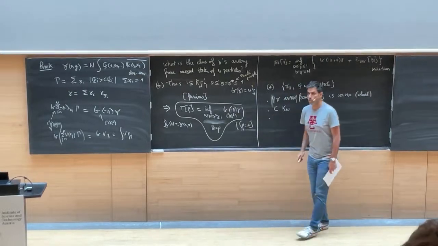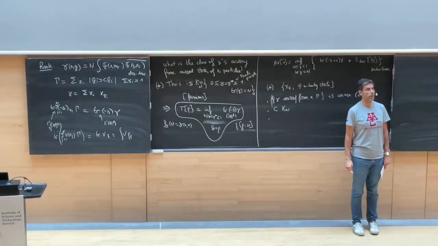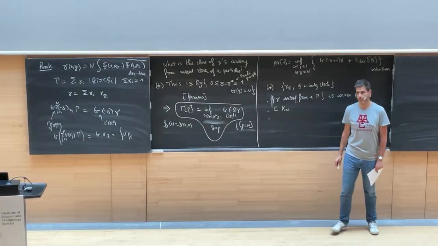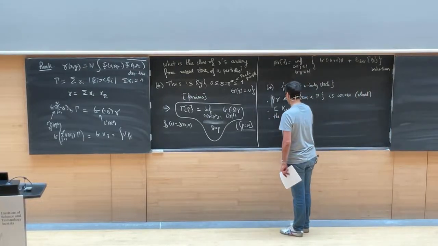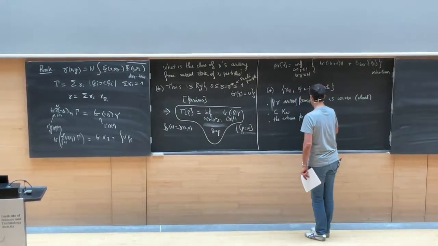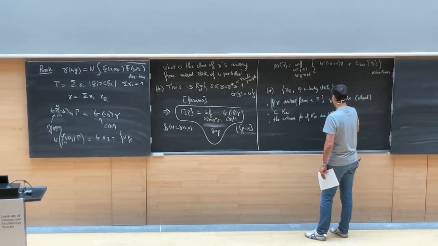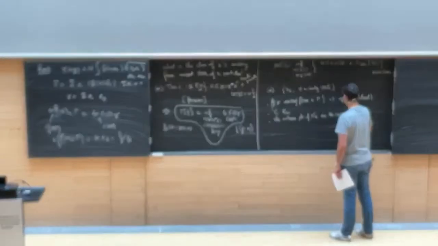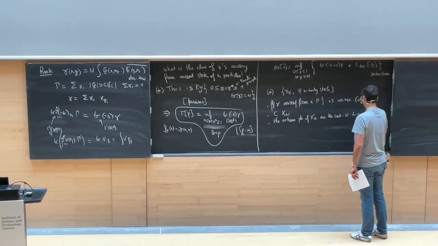And then the whole remark is that it contains all the extreme points. So the extreme points of Kn are the rank n orthogonal projections.